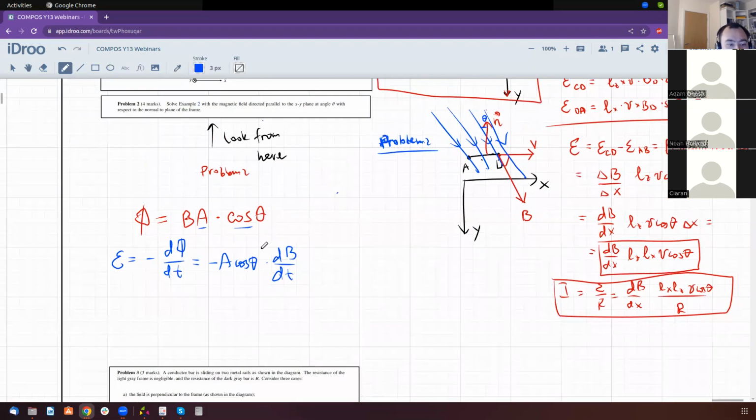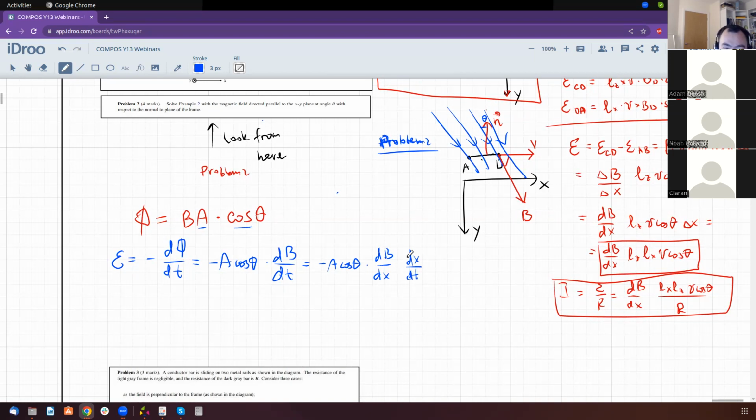Okay. So we're kind of using the chain rule here, if you want to say. The EMF is the derivative of phi with respect to time. It's minus A cos theta dB dt, and we use the chain rule again: minus A cos theta multiplied by dB dx dx dt.